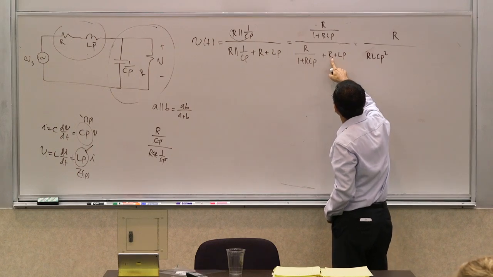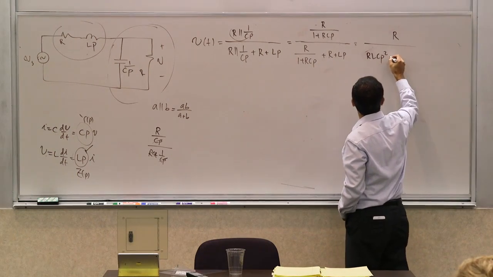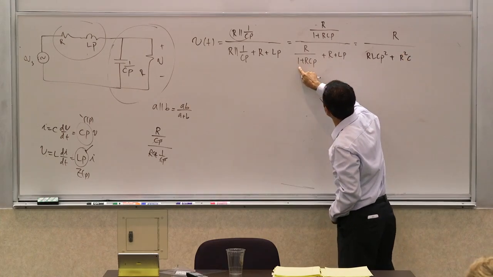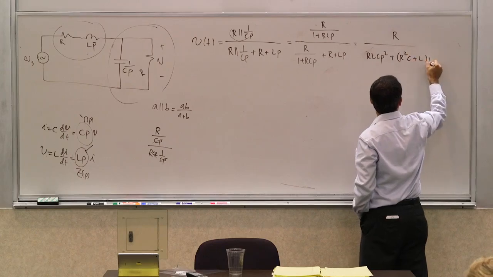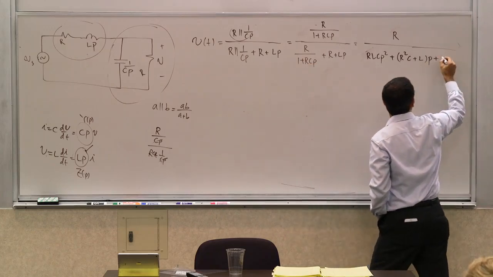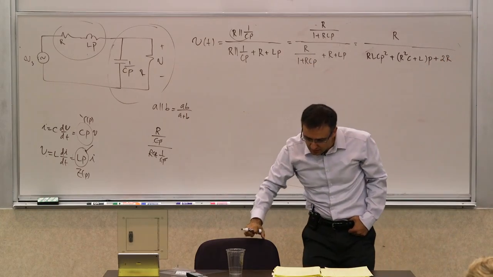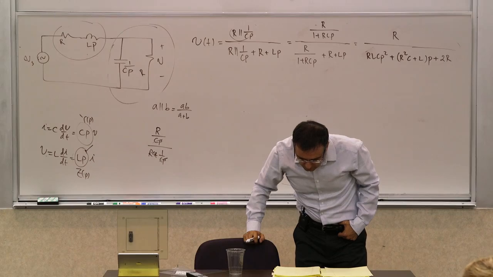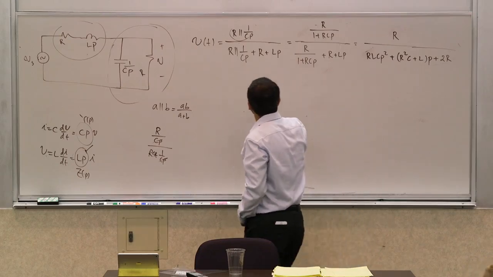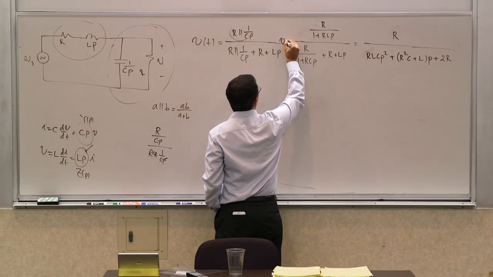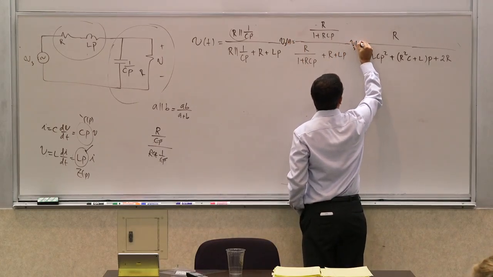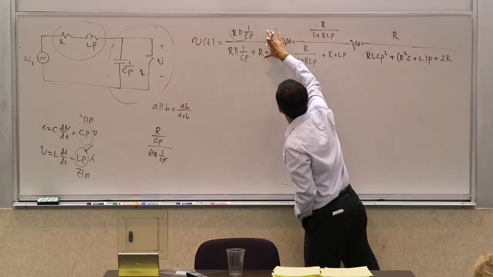This guy gives me an R squared C times P, and this one gives me an L, and this one gives me an R, and this one gives me an R. I think that's the correct thing. Yeah, that's correct. All of them are operating on Vs, so there should be a Vs in front of all of them. This operator operates on Vs to generate V.